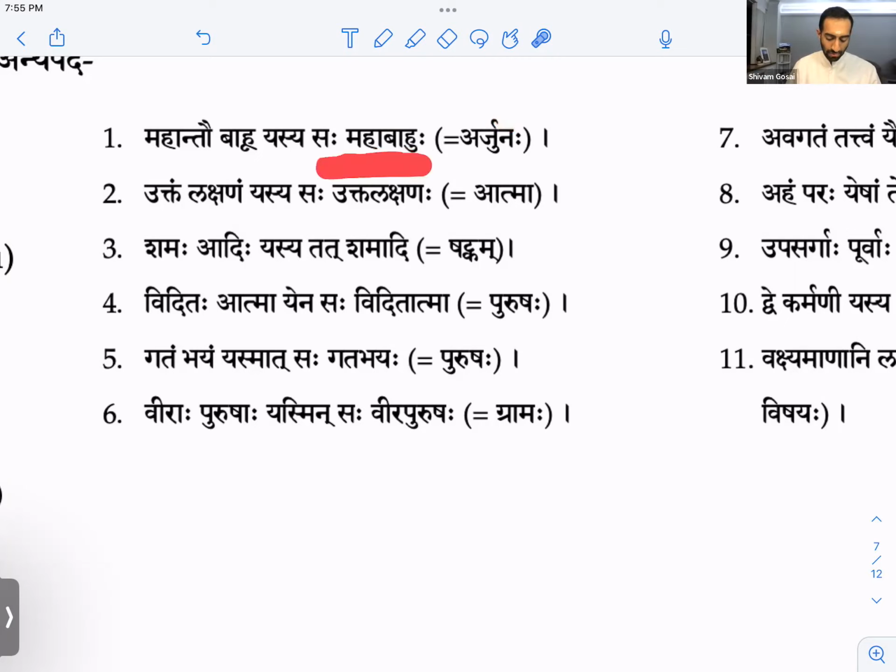Of Mahabahu will match Arjuna. So you notice how Mahanto is dual, Bahu is dual, and they may be neuter, I'm not even sure. But it doesn't matter what it is because it'll take the gender and the number of the word that it's qualifying, or the word that it's connected to, the pradhan. Okay. Dhanyavadaha, Mahodaya.